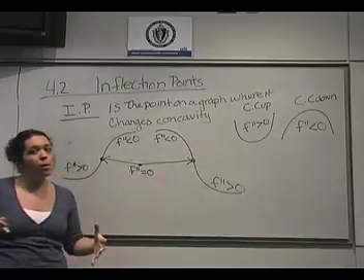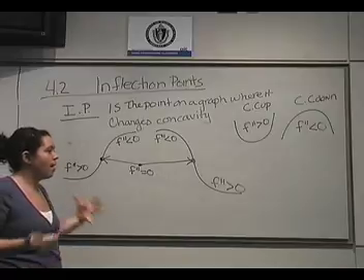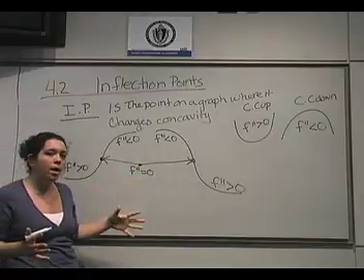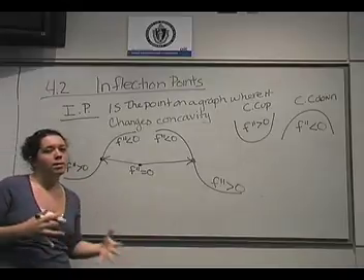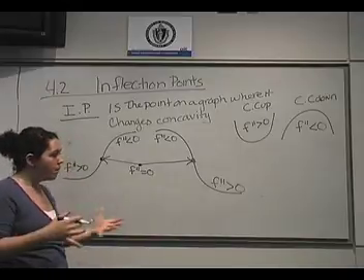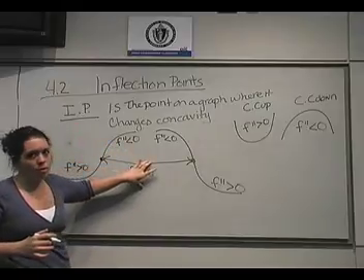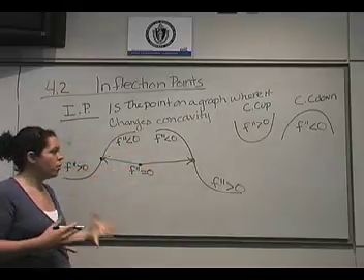Now, you need to be forewarned, this does not work in the other direction. If you find that the second derivative equals 0 somewhere, that does not necessarily mean it's an inflection point. It could be, but it might not be. However, if you have an inflection point, then the second derivative is 0. So it only works in one direction.